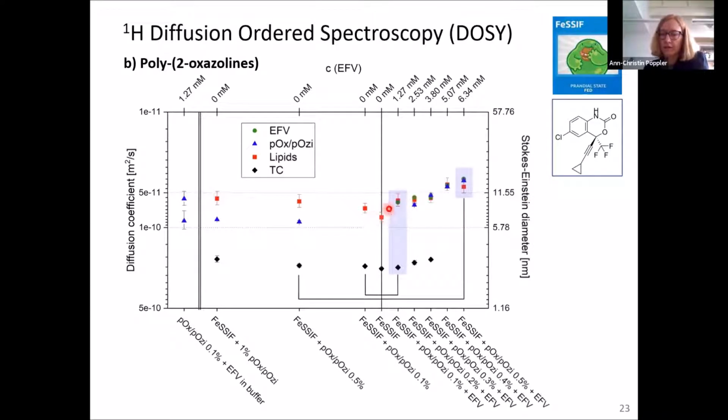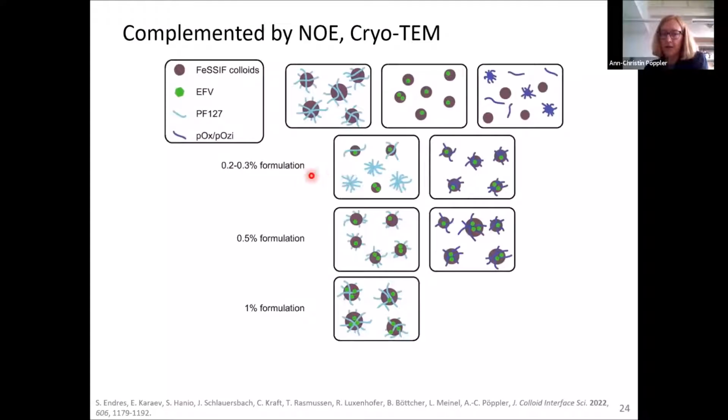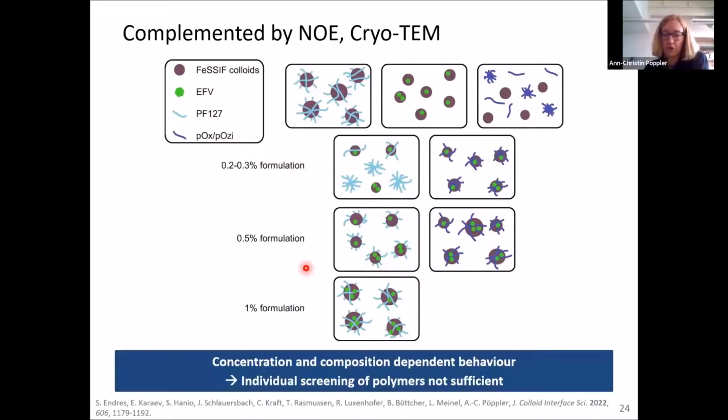But as soon as we add the drug again, you can see that all of them are diffusing together now, so we have clearly mixed particles as soon as we add a drug. And this is very interesting because it means that we have a concentration and composition dependent aggregation behavior in these simulated intestinal fluids. And if we would just screen this top part to check for the different polymers, we might miss that there's a really rich aggregation behavior at different concentrations with different compositions.